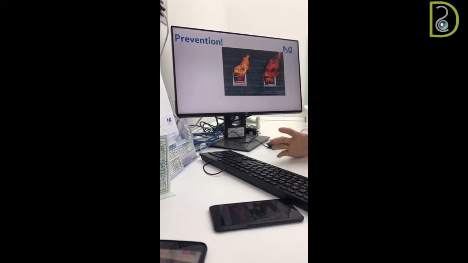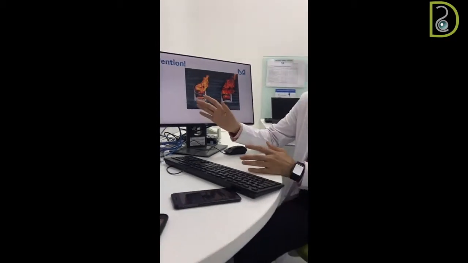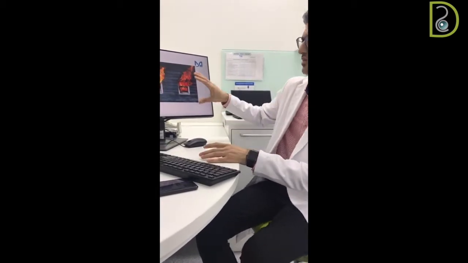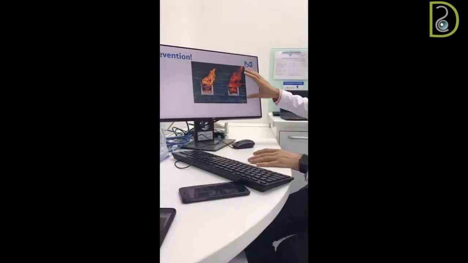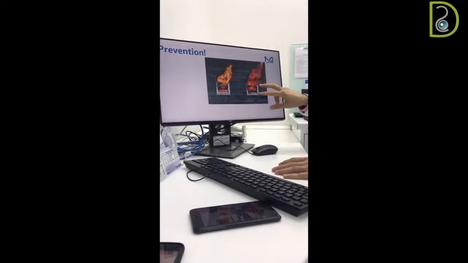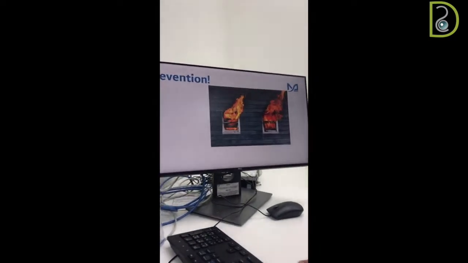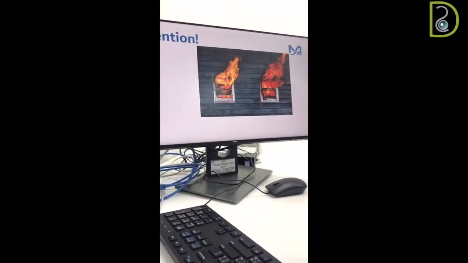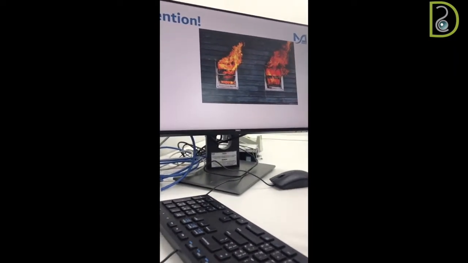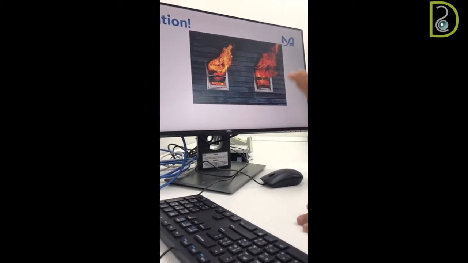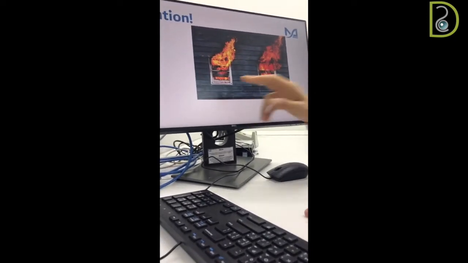So whatever treatment options we talk about, prevention is still the key in any restorative treatment. If you look at this picture, you have a house which is burning from inside, and if you change the burning windows, you will not solve the issue. You need to stop the fire inside the house, not change the windows.